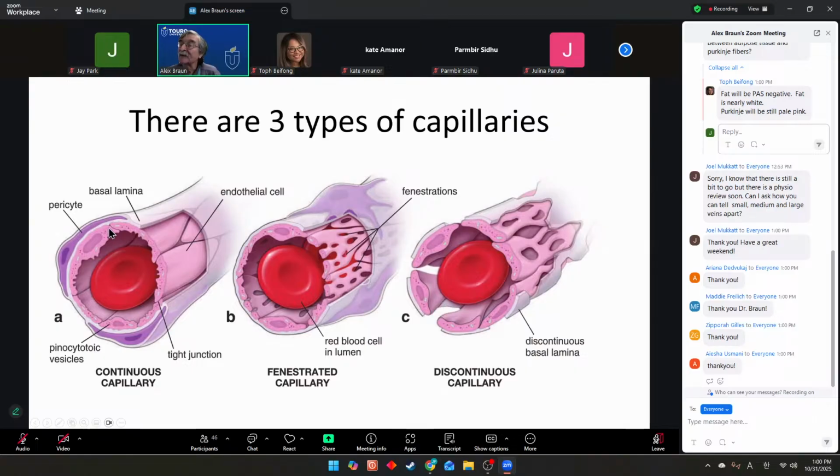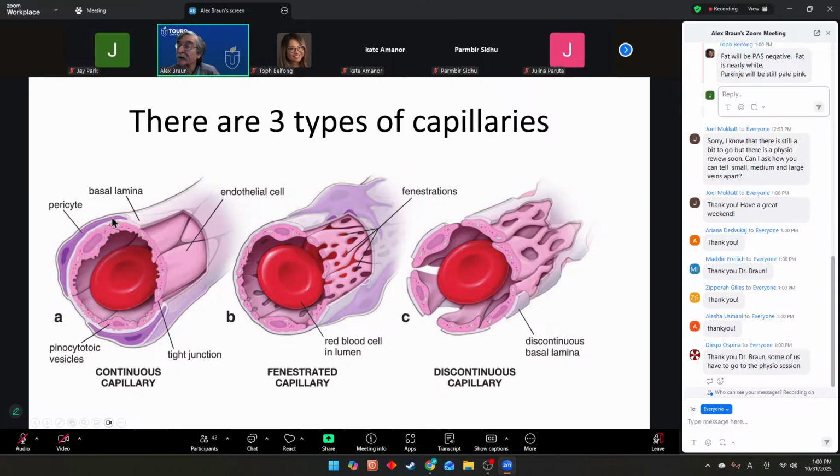The processes or bodies of these cells are bound tightly together by junctional complexes, which contain lots of tight junctions. So junctional complexes containing tight junctions bind together the adjacent endothelial cell processes to help maintain a nice barrier between the blood and the interstitium. And there's a basal lamina around a continuous capillary, which is fairly complete or continuous.